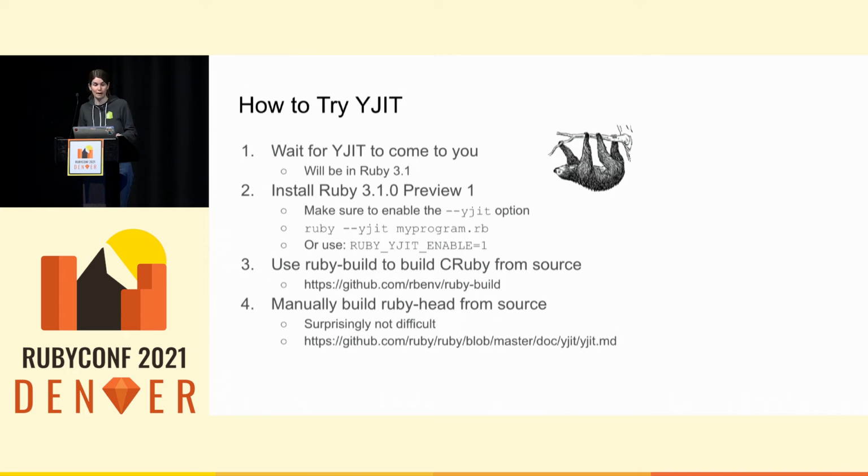We've also added an environment variable, Ruby YJIT enable. Just if you have a CI pipeline where it's not convenient to pass --yjit, the environment variable might work out better. You can also use ruby-build to build CRuby from source, or you can also build Ruby head from source. It's surprisingly not difficult to do.